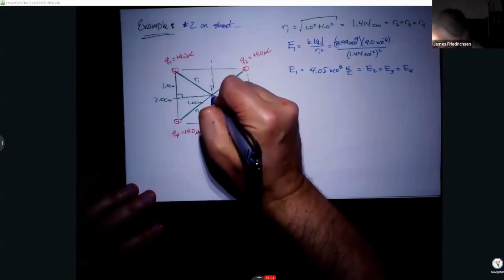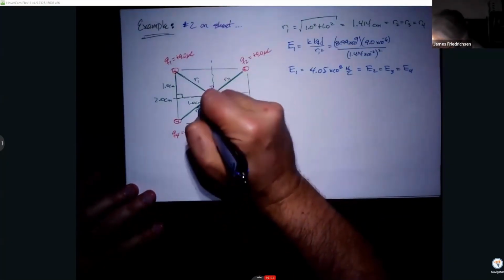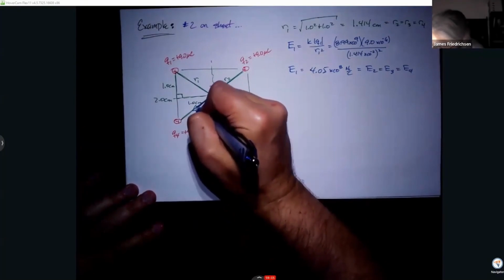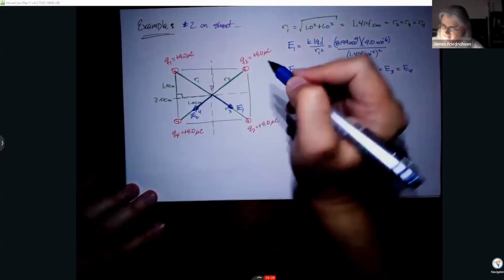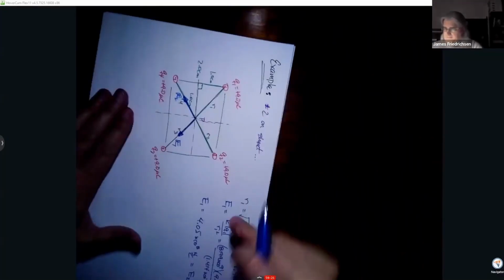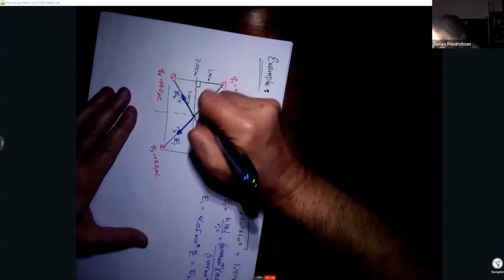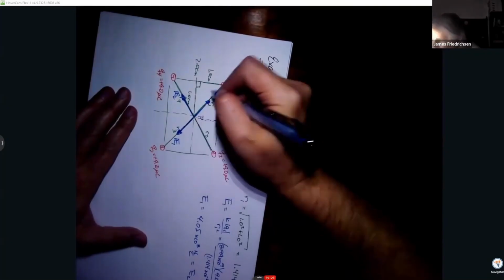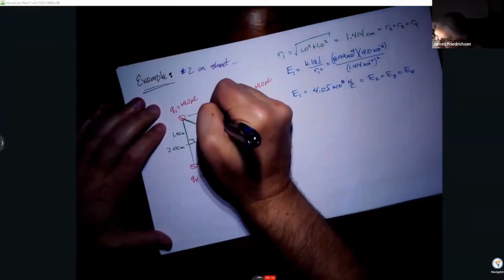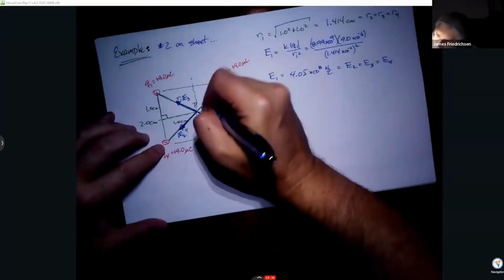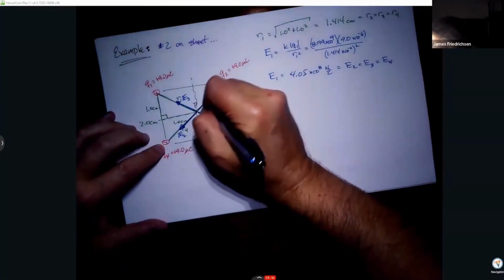And then E2 again goes away from charge 2. And then E3 goes away from charge 3. And then E4 goes away from charge 4.